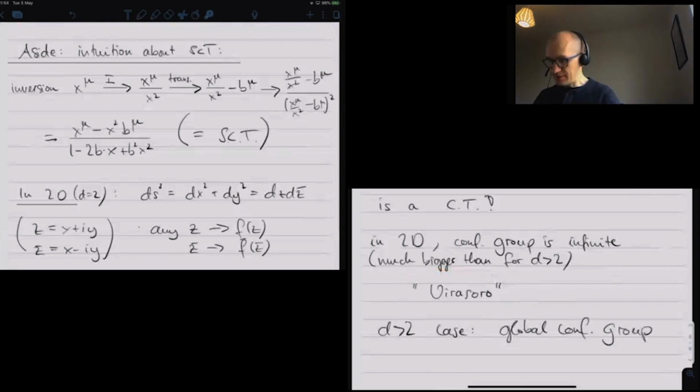And well, maybe the last remark that I make here is, for this reason, because the conformal group in 2 dimensions is so special, 2D CFT is a big subject in its own right.